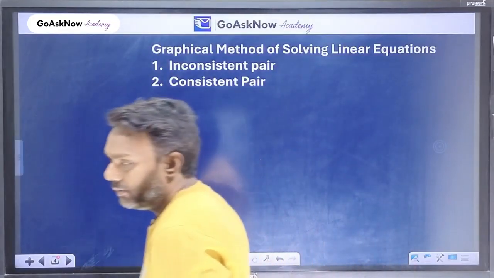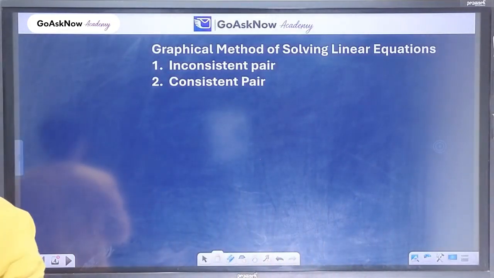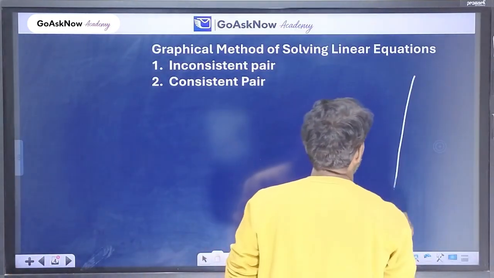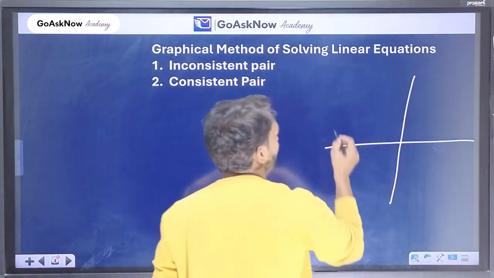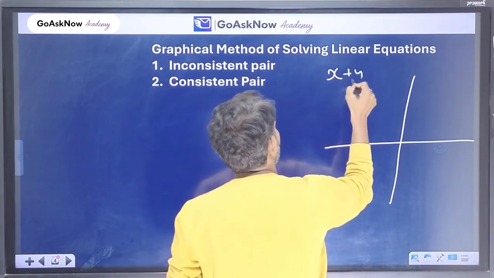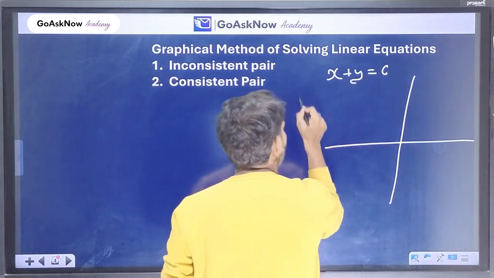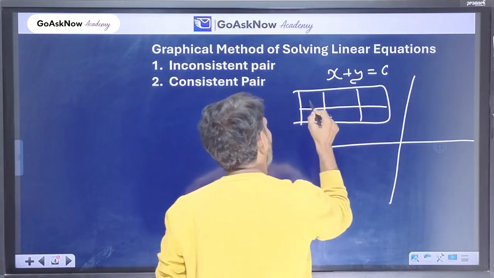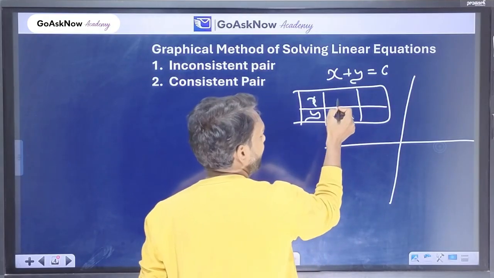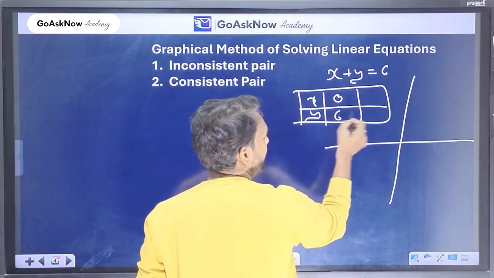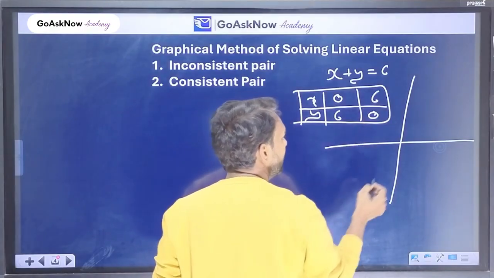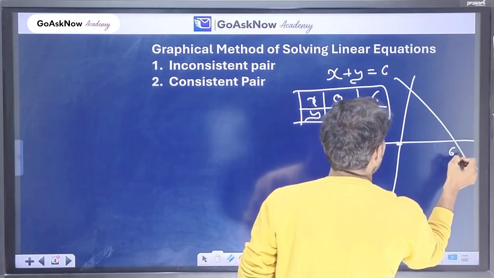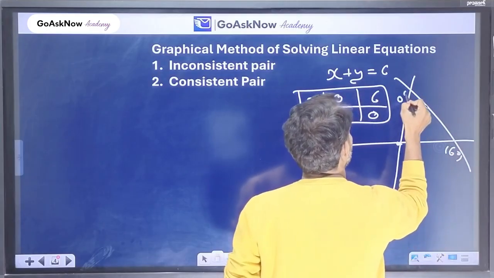Next, you already know that we can represent a linear equation graphically, and it represents a straight line. In class 9, you have done it all. Suppose x plus y is equal to 6, and when we make a value table of x and y, taking x equal to 0, y is equal to 6, and taking y equal to 0, x is equal to 6, then the line becomes this: points (6, 0) and (0, 6).